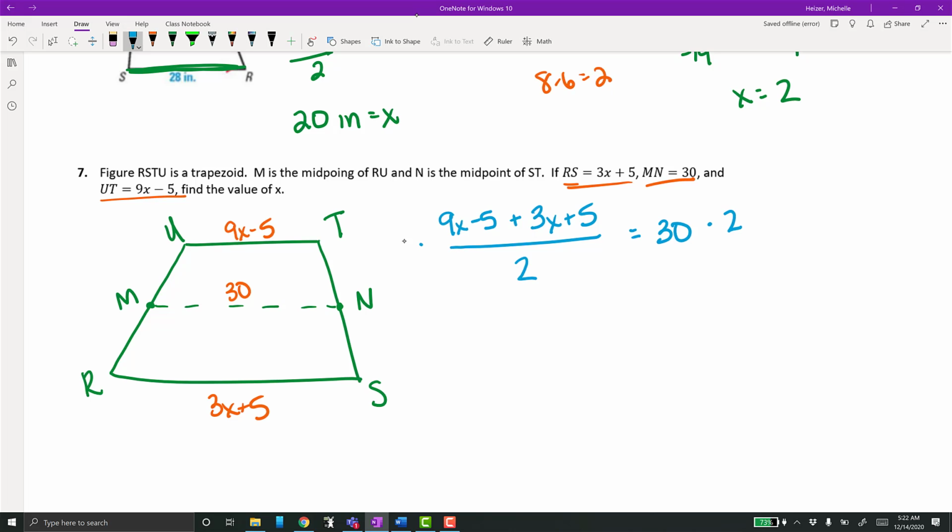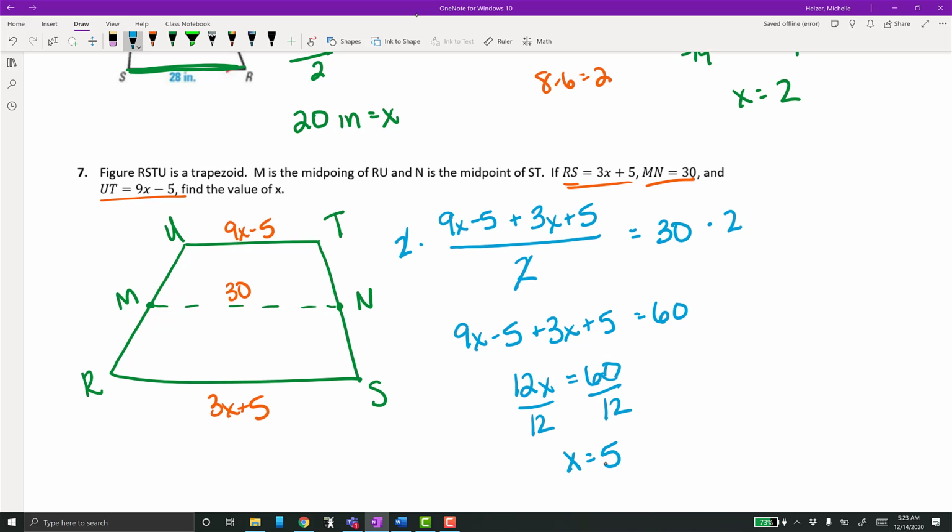So multiply each side by 2 to get rid of that denominator. I'm going to combine my like terms on the left. 9x and 3x is 12x. Negative 5 and positive 5 is 0. So 12x equals 60. And then divide by 12. x equals 5. And that'd be it.